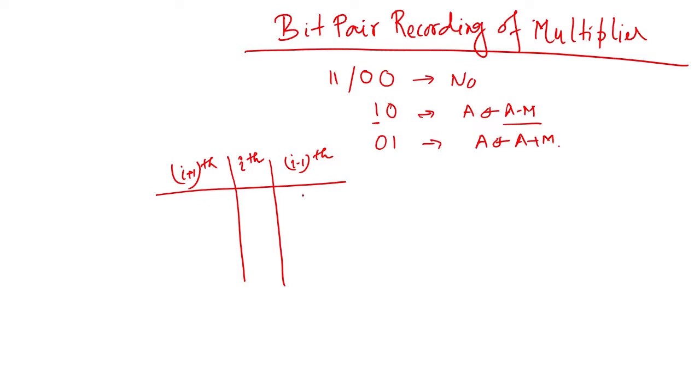Let us say this is 0, this is 1 and this is 0. If you see these two bit positions, 0 1 means a block of 1 is going to start, so we subtract the multiplicand. And next 1 0 means this block is finished, so we add it.